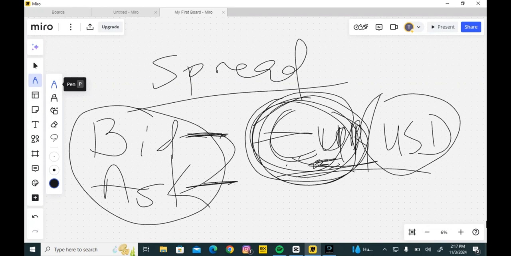That price you get that particular product at is not the price you're going to sell at. The difference between the price you got the toothbrush and the price you sell it is called the spread.